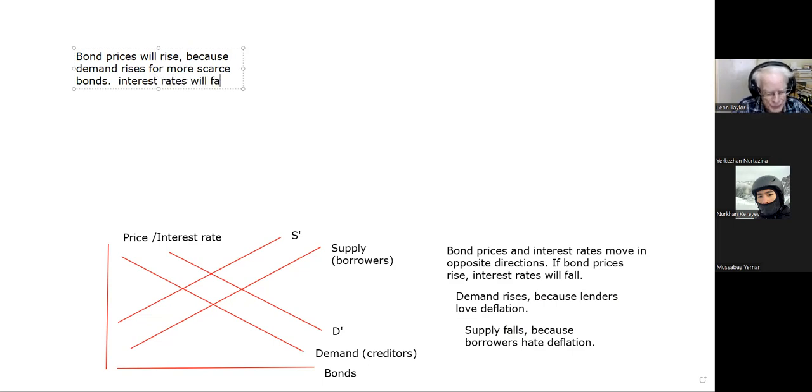Remember, there is this inverse relationship. But without more information about the relative shifts of the functions, we're not sure what will happen to the volume, the number of bonds sold.